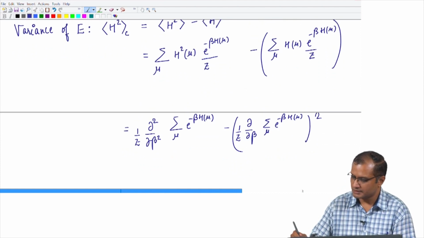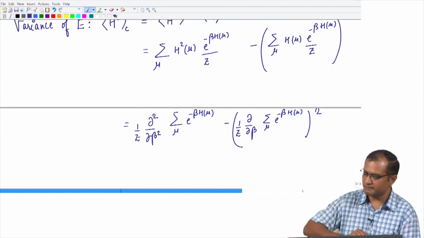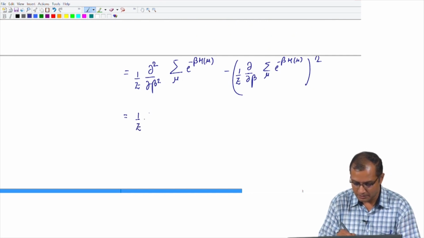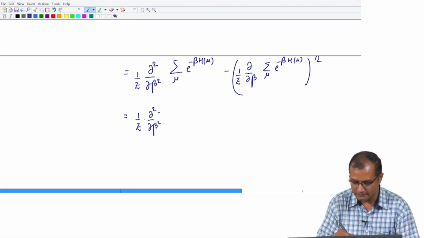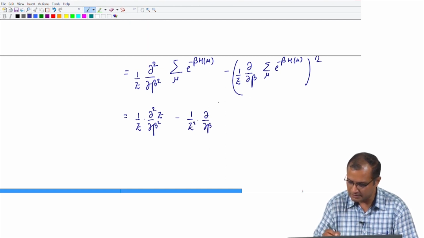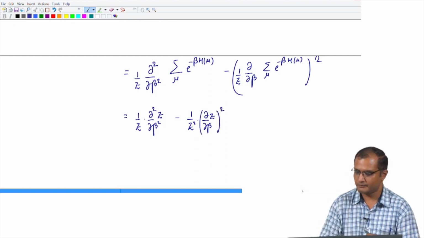Notice that if I do a d over d beta, it will pull out a minus H. This is nothing but 1 upon Z d square Z by d beta square minus 1 upon Z square, d by d beta of Z the whole square.